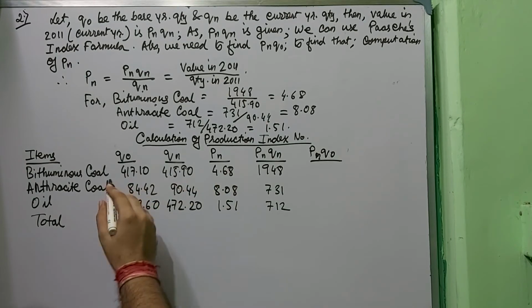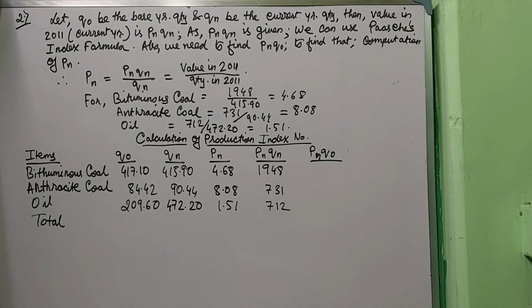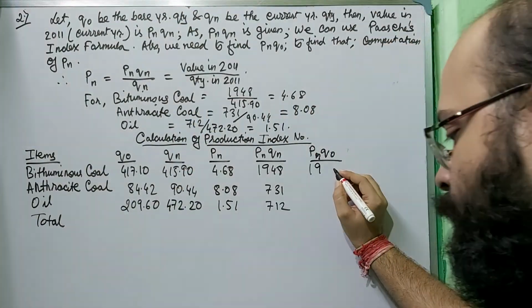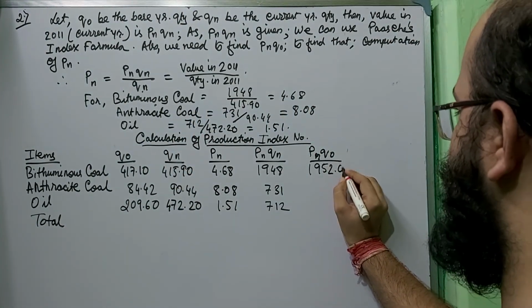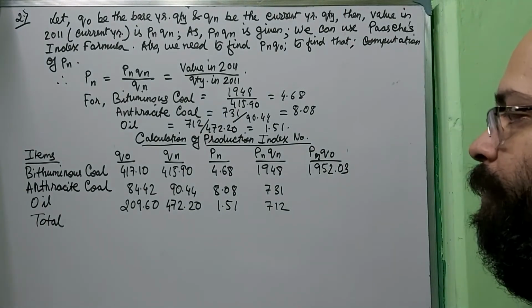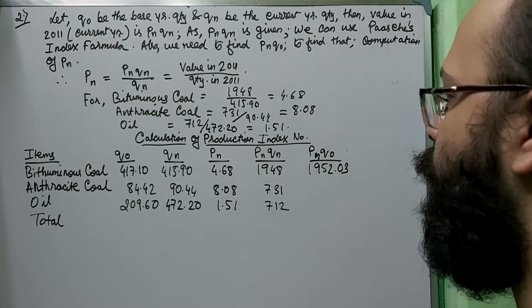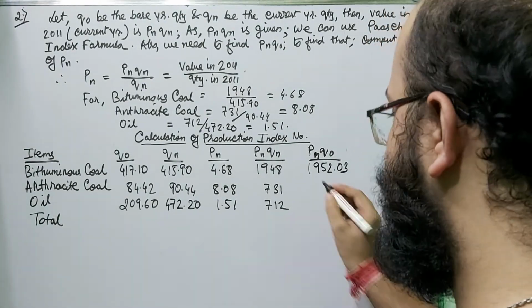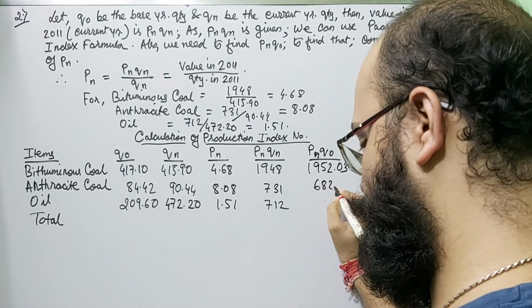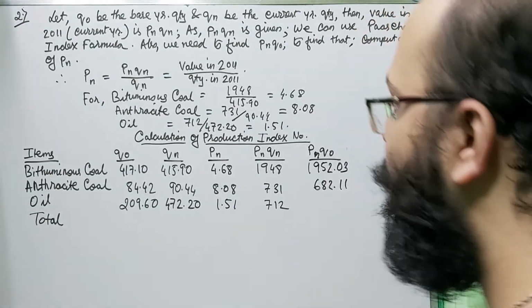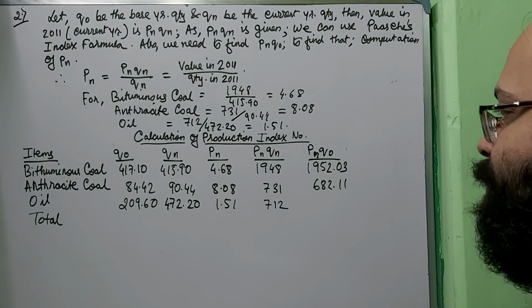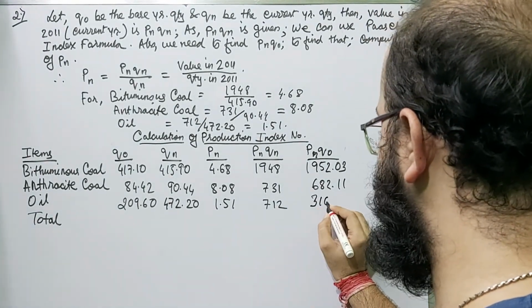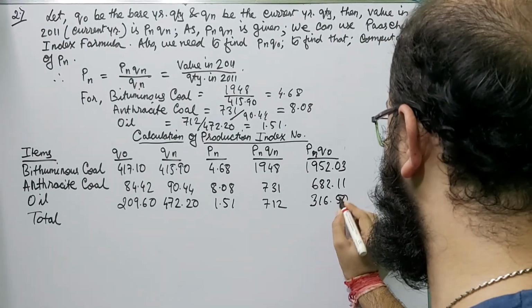PnQ0. We have to multiply this 4.68 into 417.1. It is 1952.03. 84.42 into 8.08, it is coming 682.11. 209.60 into 1.51, it is coming 316.50.